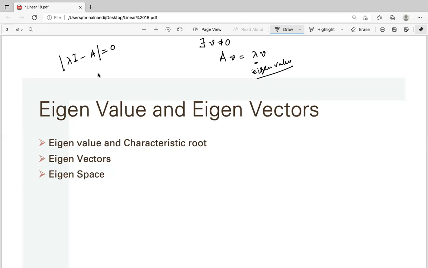So how do you find the eigenvalue? To find the eigenvalue, you have to solve this determinant equal to 0. Once we find lambda, the eigenvalue, then we find V, the eigenvector corresponding to the eigenvalue. That means you have to solve this system of linear equations.